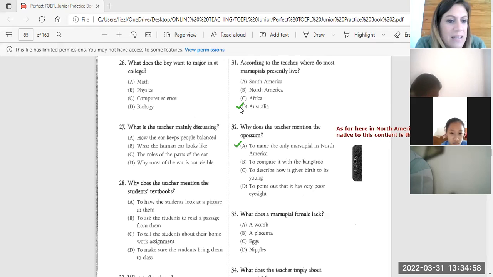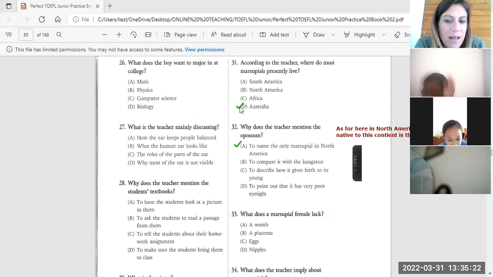Now, what does lack mean? If I say to lack math skills, what does lack mean? Do you know the word lack? Look at number 33.